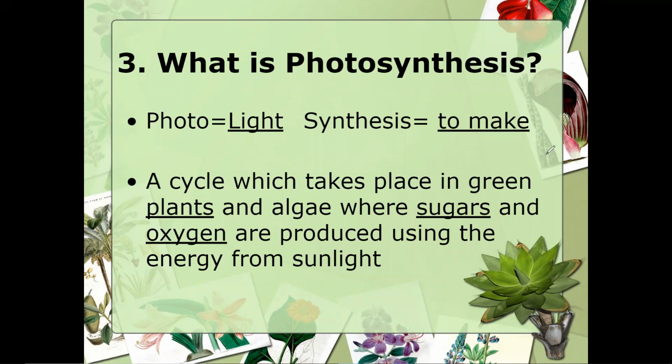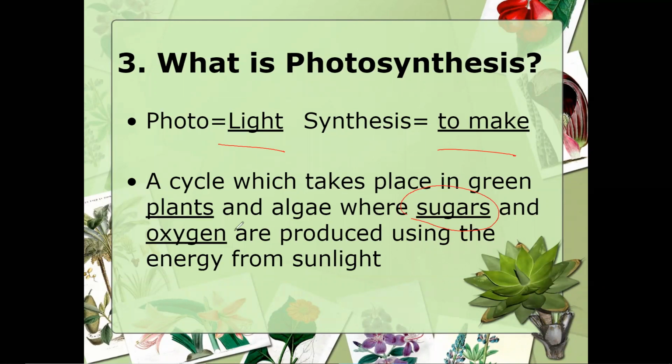That should make sense to you because photosynthesis is a process that takes place in green plants and algae where sugars and oxygen are produced using the energy from sunlight. So we're using light to make sugars and oxygen. That's where that term is coming from. Okay?